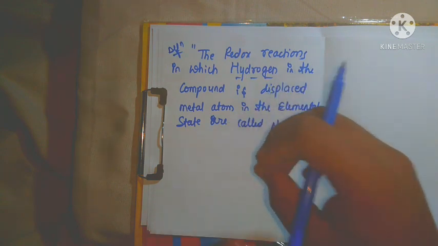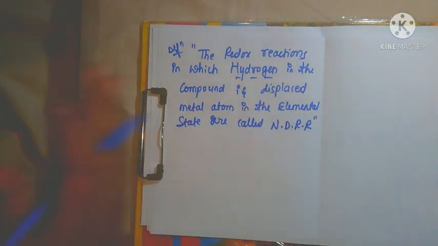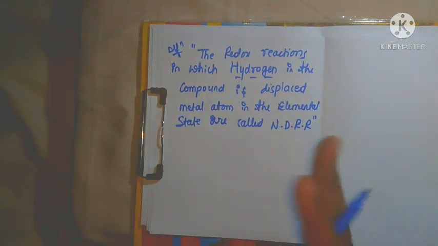Hydrogen in the compound should be displaced by the metal atom. Such type of displacement reactions are called as what? Non-metal displacement. If it is redox, then it is called non-metal displacement redox reactions.